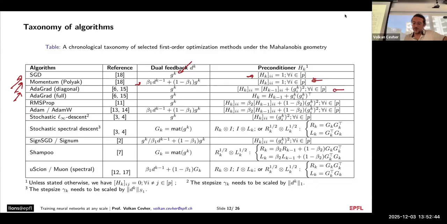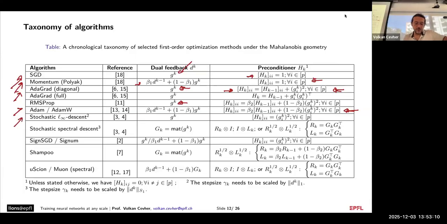Adagrad builds a coordinate-wise preconditioner by accumulating the gradient energy per coordinate. You use the stochastic gradient. RMSprop, you use the stochastic gradient. You use the Adagrad type of preconditioning with the exponential moving average.